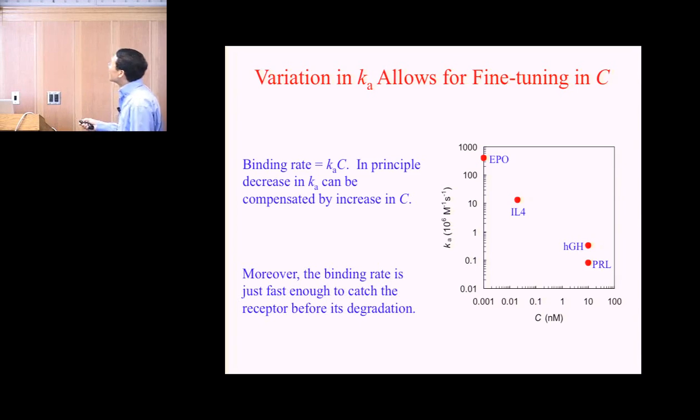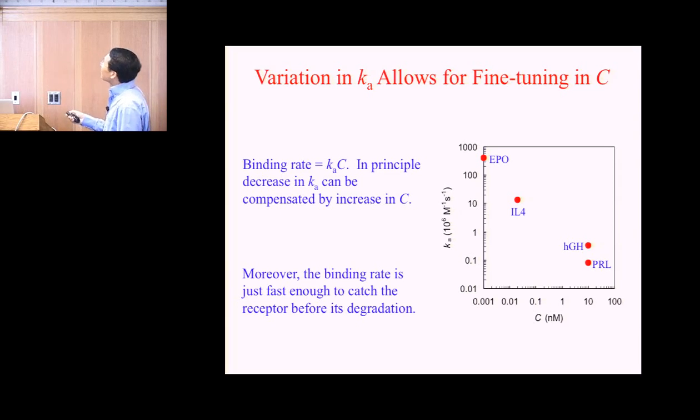enough so that if you infer the half-life of this process, it is on the order of about an hour, and that's about the half-life of the receptors before they are degraded.